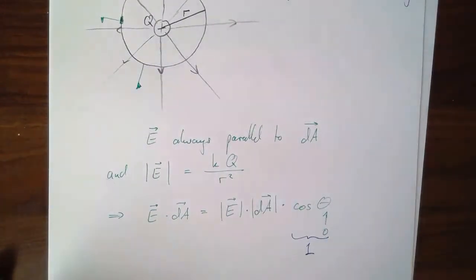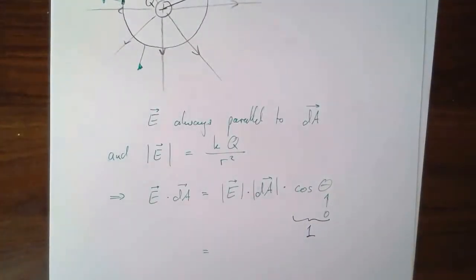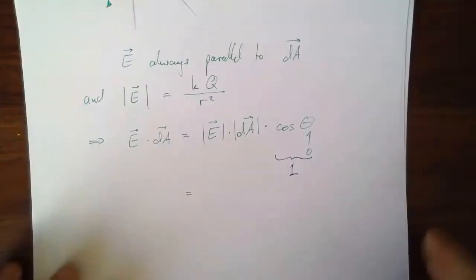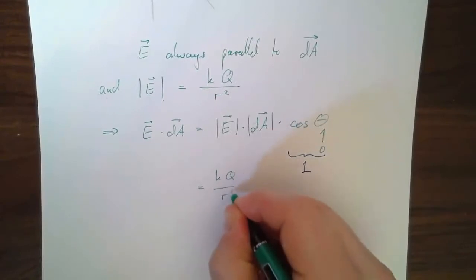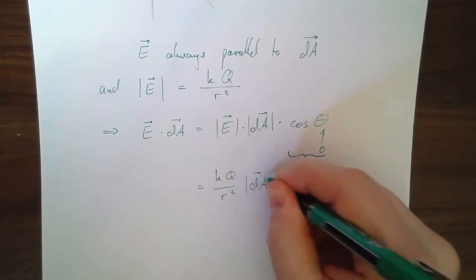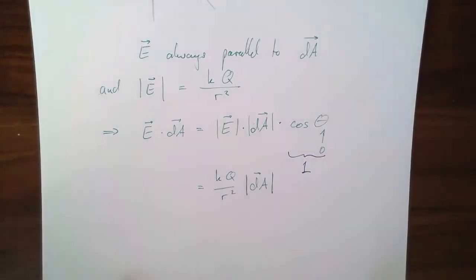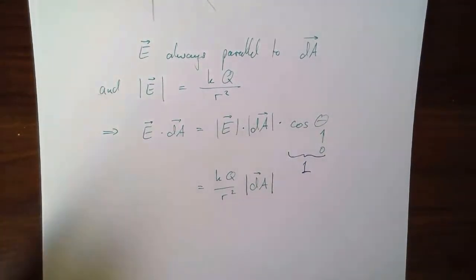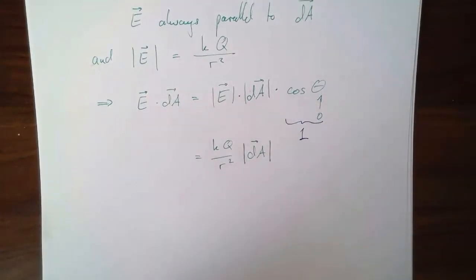We know what the electric field is, so the expression for the flux is kq over r squared times dA, the size of the little area chunk, times 1. That is the flux through the tiny little piece of the area making up the sphere.